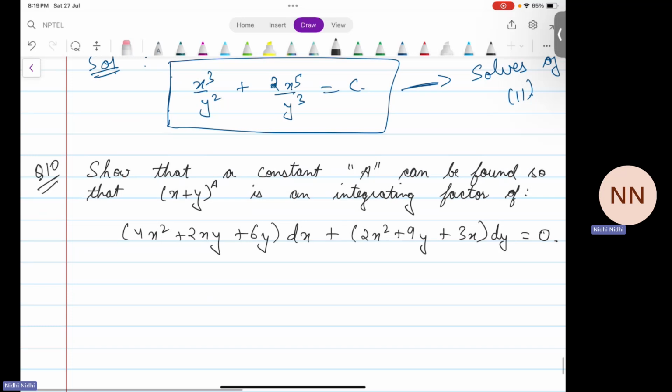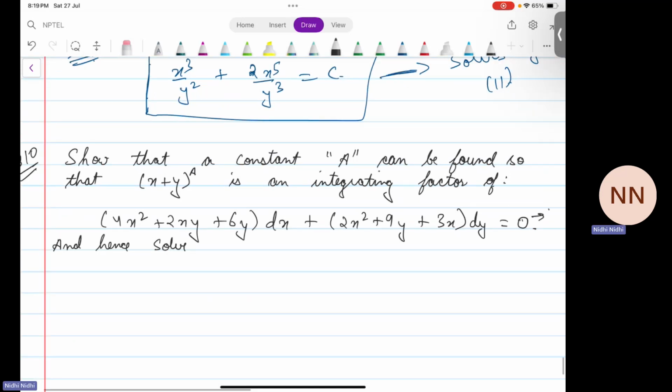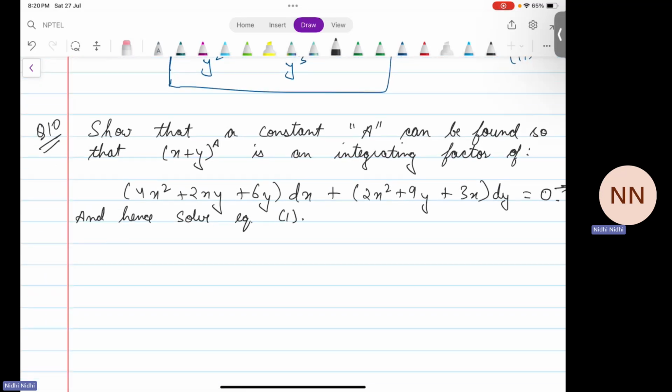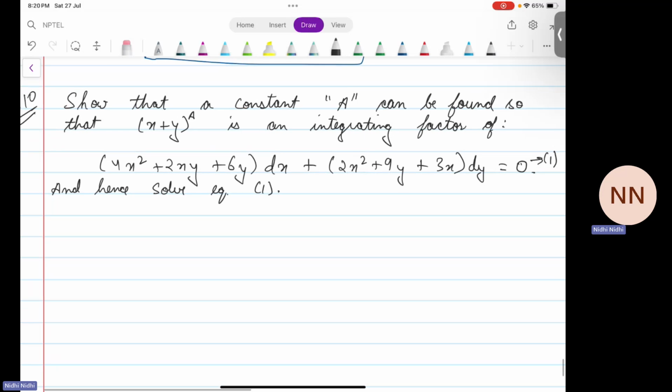And hence solve, if you number it 1, solve equation 1. Using that integrating factor, we'll solve the corresponding exact equation and find the solution to problem 1.